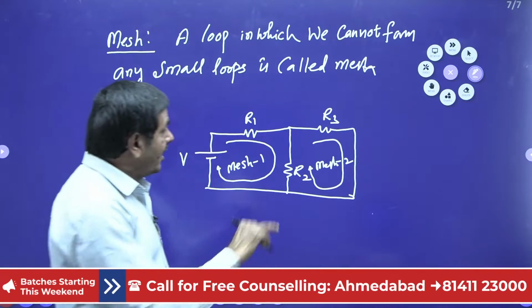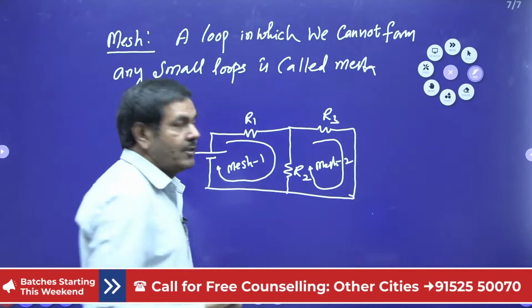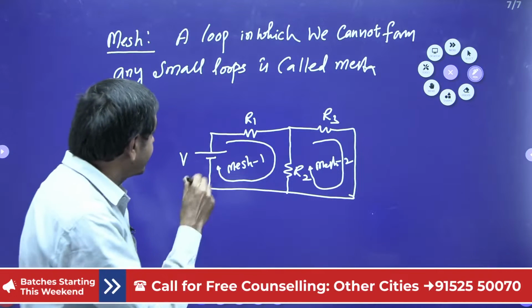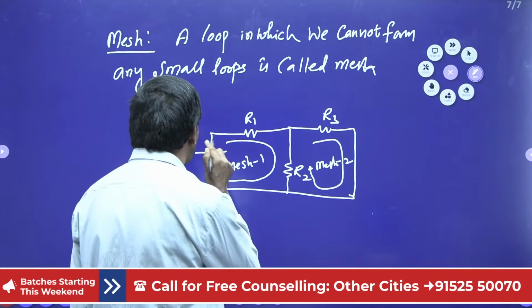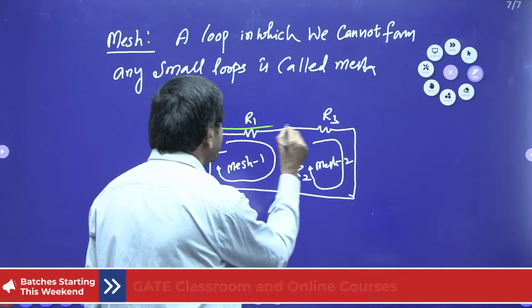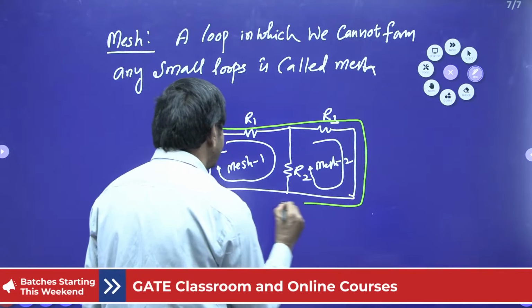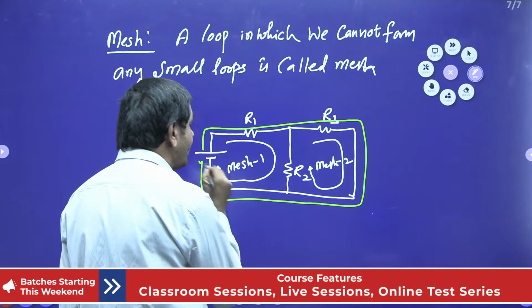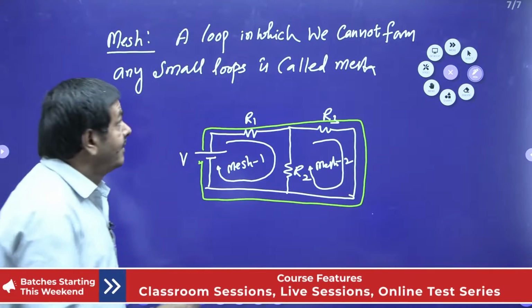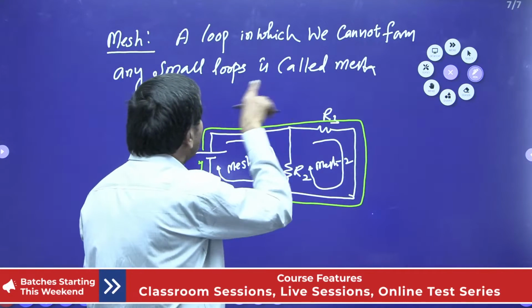This is also a loop. And one more, a third loop I said already, I will select the path on this side. This is one more loop, but this cannot be taken as a mesh. Whenever you take small loops inside, it is not allowed.